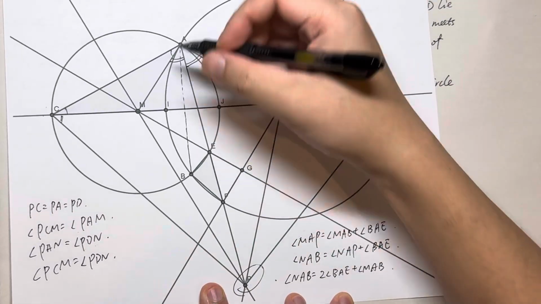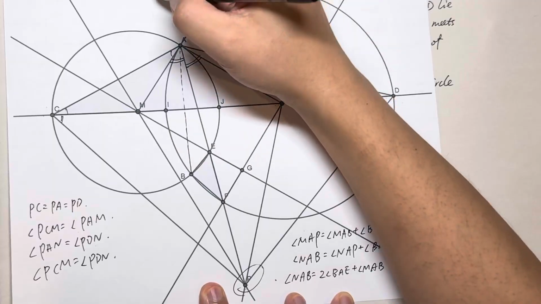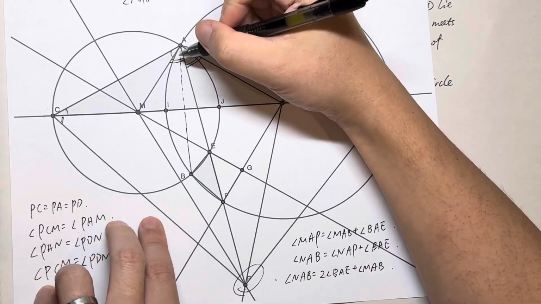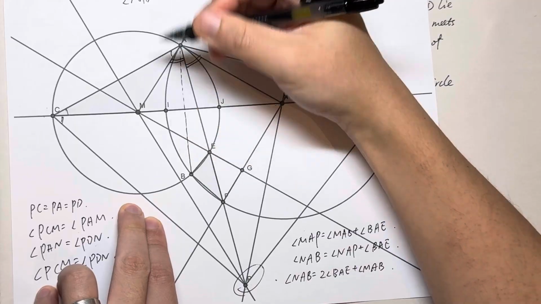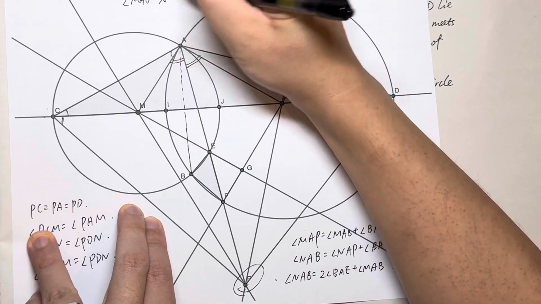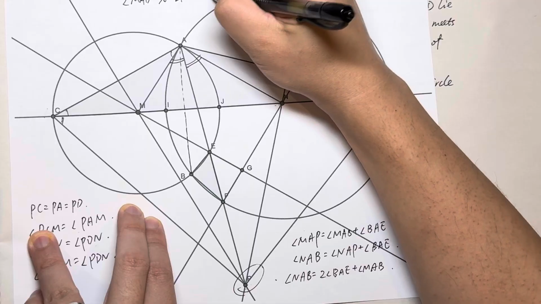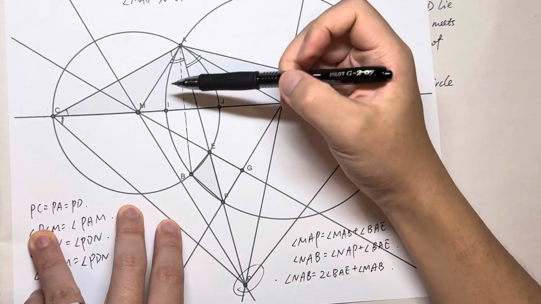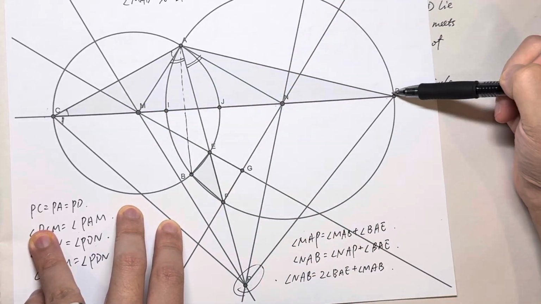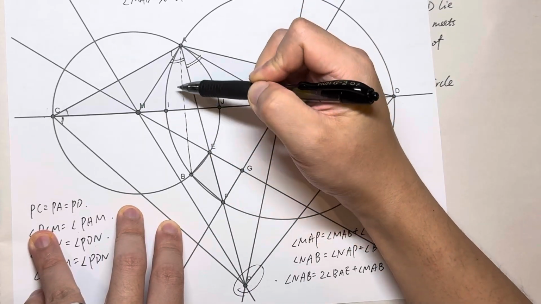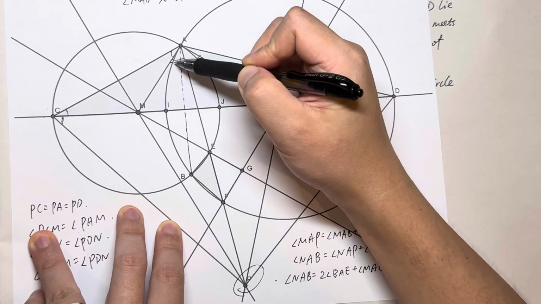Right, and what is angle MAB? Angle MAB equals 90 degrees minus angle AMN, right? Because AB is perpendicular to CD.